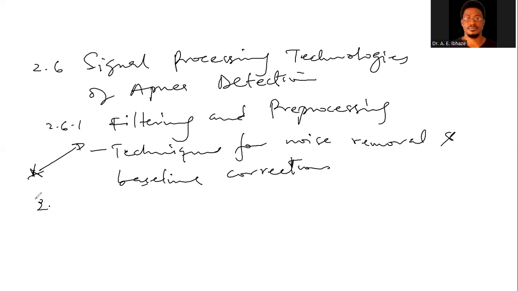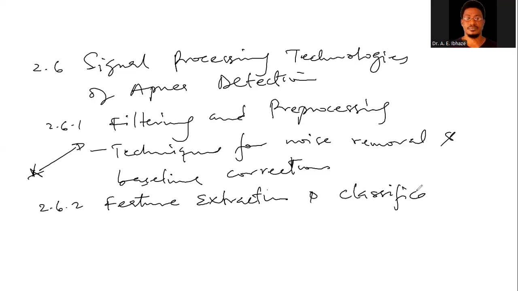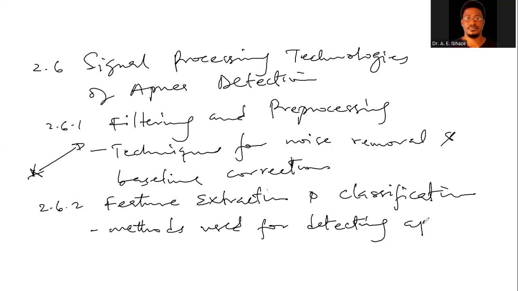Then you also want to tell, in another session or subsession, the feature extraction and classification. So in this case, you want to tell methods used for detecting apnea events from signals.